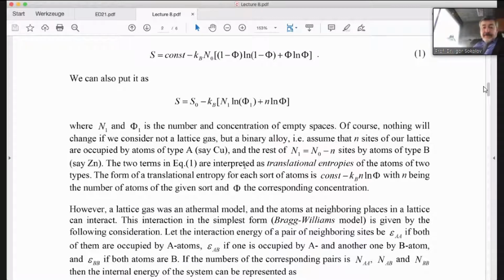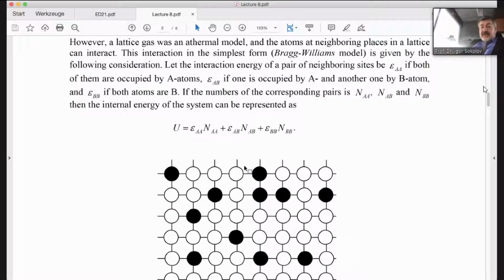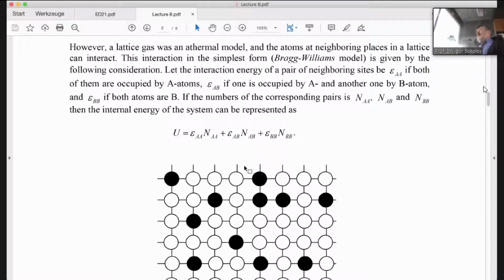Now, however, what is new here is that while in the model of a lattice gas, the atoms of the same type did interact because they didn't want to let each other onto the occupied place. But this was an athermal interaction. It's zero or nothing.